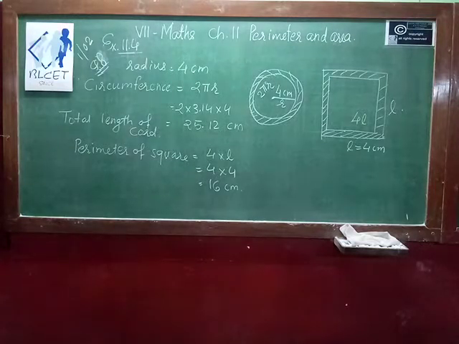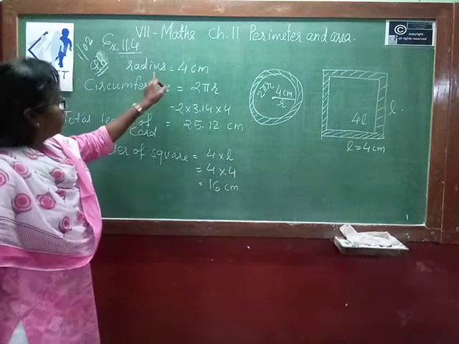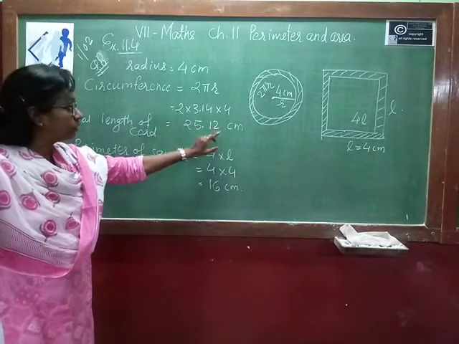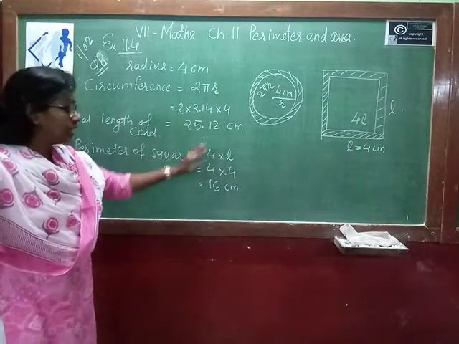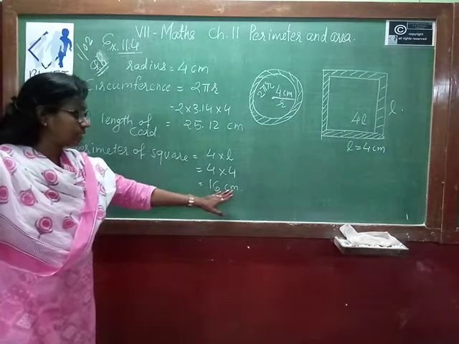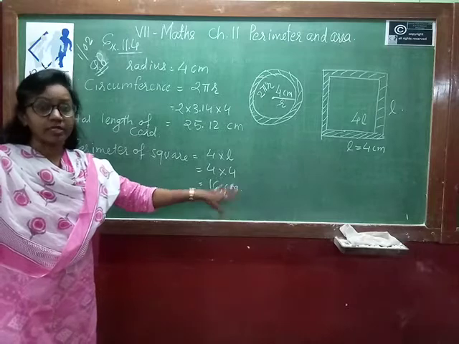So now what do we have to do? When you wrap on the circular surface, the total length is 25.12. The same length you are taking and wrapping around the square. That time the cord needed is only 16 centimeters. So what is the question?